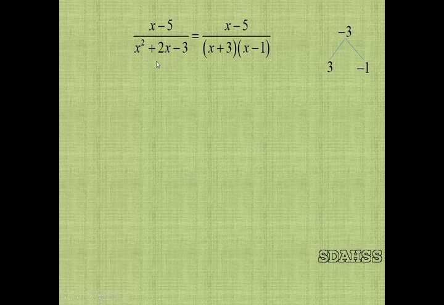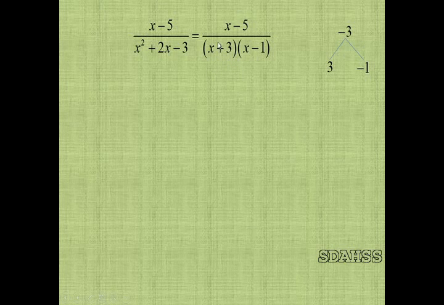Here sum is equal to 2 and the product is minus 3. Minus 3 can be written as 3 and minus 1. So if you add you will get 2, if you multiply you will get minus 3. So this can be written as (x plus 3) into (x minus 1). Now you got two factors, x plus 3 and x minus 1.